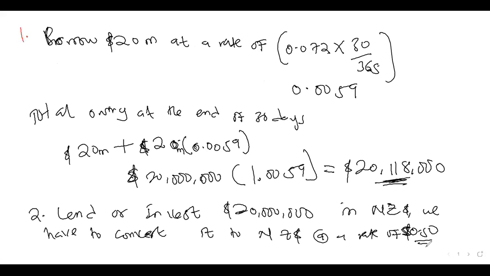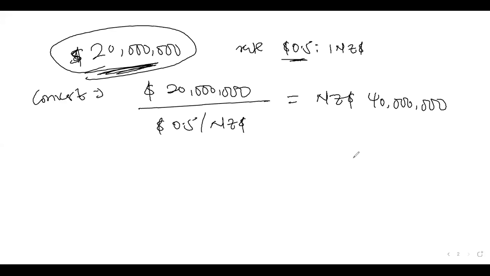So the second step was that we are going to invest 20 million US dollars, but we have to convert it. So we have done the conversion. We are now holding 40 million New Zealand dollars in our hands, and we are ready to invest it in New Zealand. Now, at what rate?